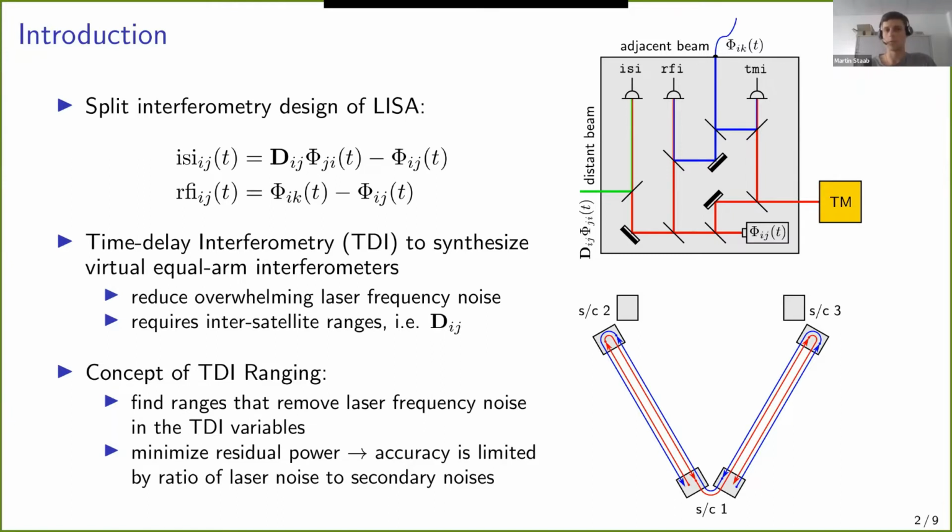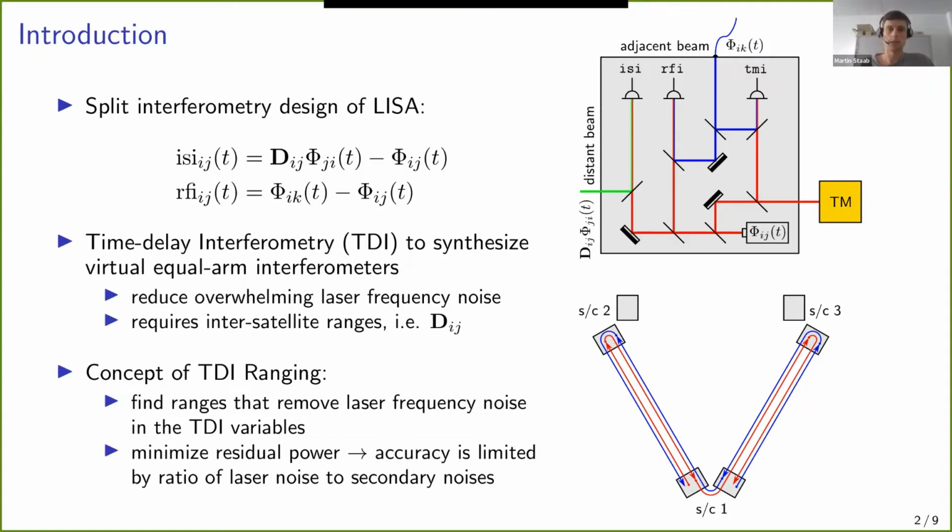The 2 most important measurements in this presentation are the inter-spacecraft interferometer, which relates the far laser to the local laser, and the reference interferometer, which relates the adjacent laser to the local laser. And by gluing them together again in post-processing using TDI, we can synthesize those equal-arm interferometers. On the bottom right, you can see the first generation Michelson combination that we can achieve by doing that.